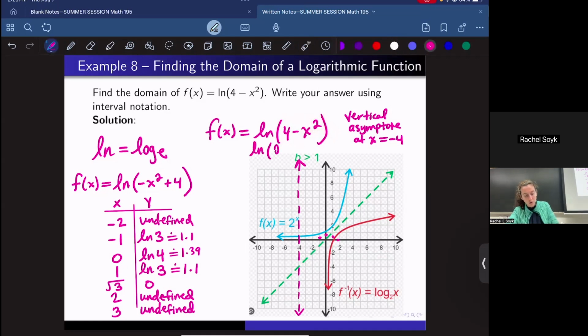So we get 2 plus x in parentheses, 2 minus x. And then you can use these to determine your vertical asymptote, which you kind of saw over here on the table that we did together, at 2 and -2.